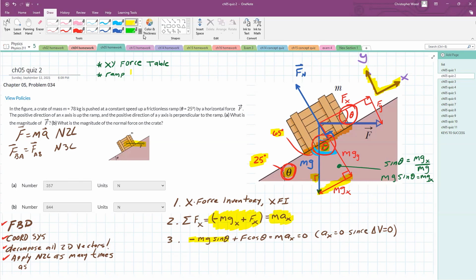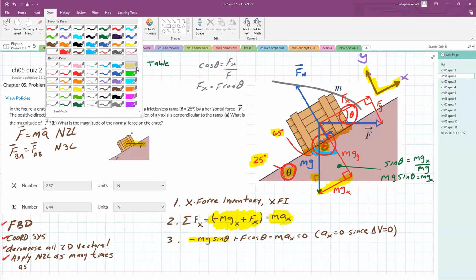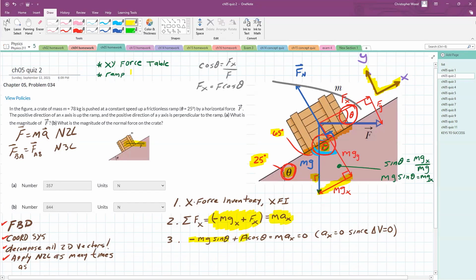You can see that the cosine of that angle is side adjacent over hypotenuse, because I remember SOHCAHTOA. And that's why I can state fx equals f cos theta. Now you know why this term is here.